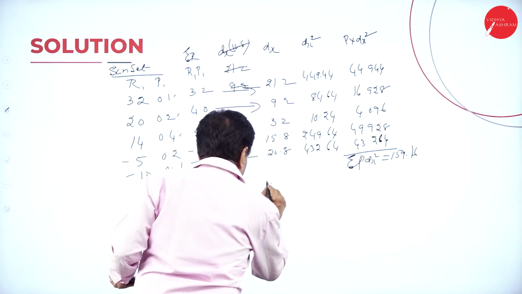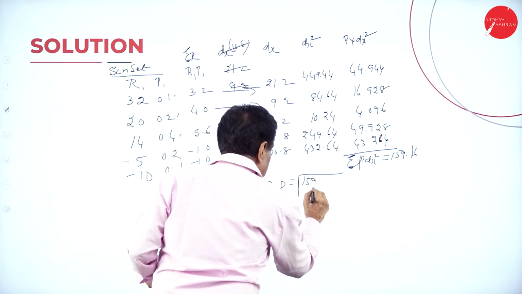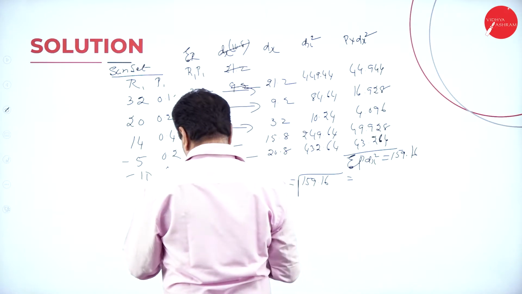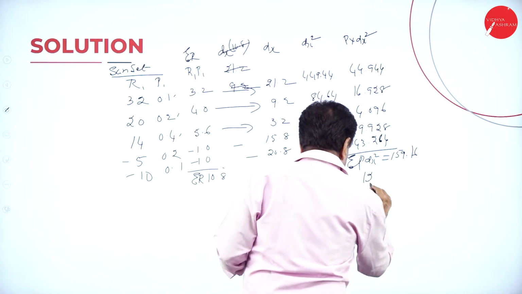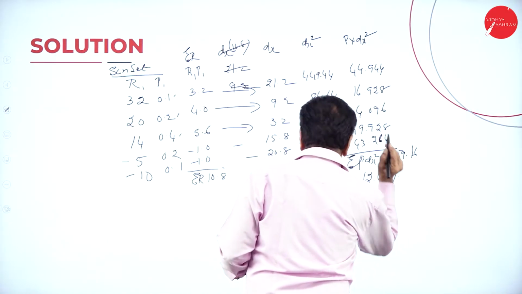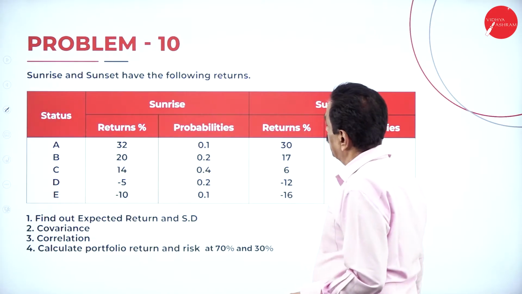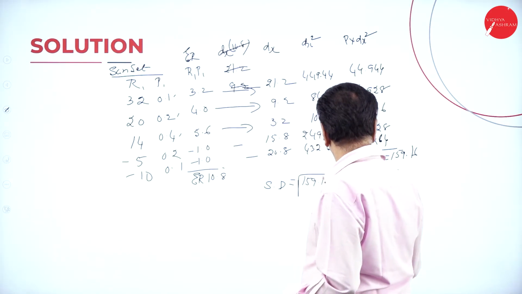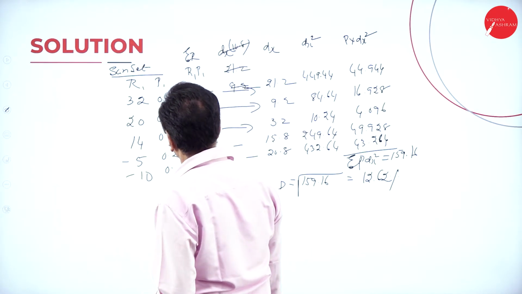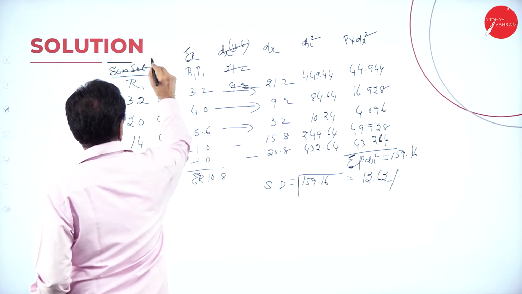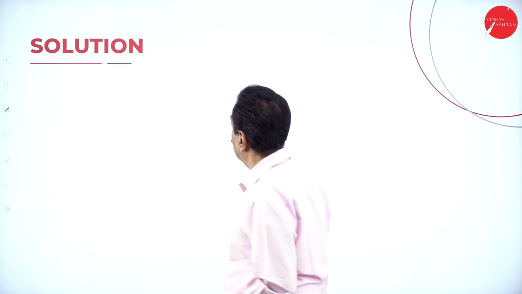So standard deviation is equal to root of 159.16, which is 12.61 or 62%. This goes in favor of sunset, then probability over sunset, sunrise over sunset. Then come back to sunset.